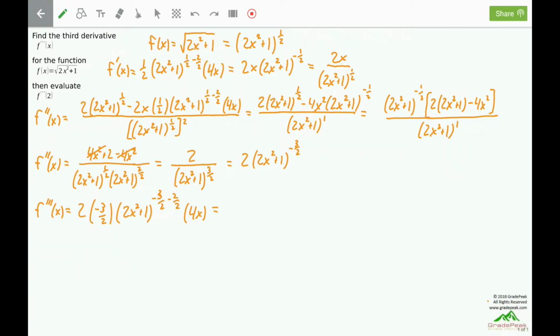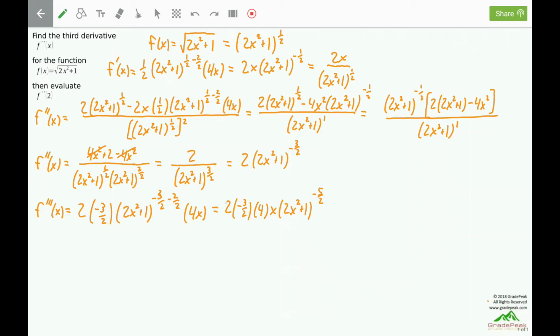Now we're going to put all the constants together. Everything's multiplied here, so I'm going to have a 2 times a negative 3/2 times a 4. I'll just write them for now. And then there's also an x here that will move to the front with those. And then we have the (2x squared plus 1) to the minus 3/2 minus 2/2, minus 5/2.